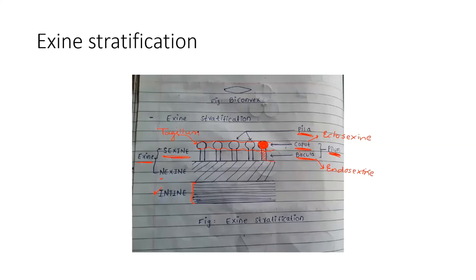The caputs are representing ectosexine and the bacula is representing endosexine. Here you can see all the caputs are free from each other, but there is a possibility that these caputs may be united together to form a roof-like structure, and that is referred to as tagellum.